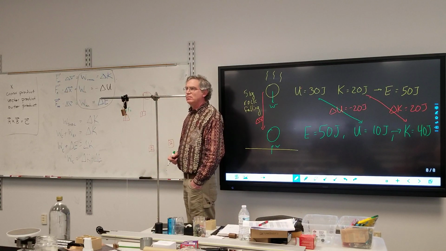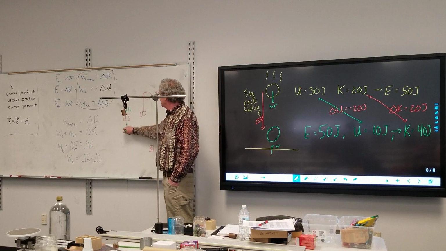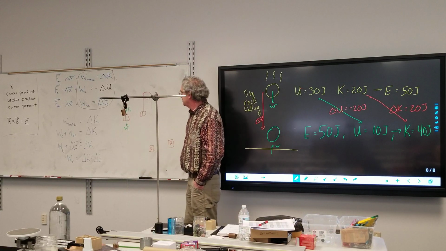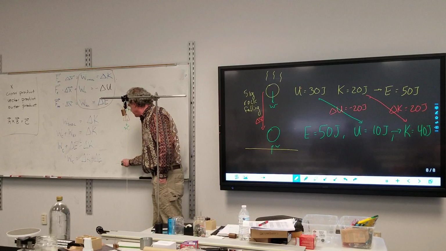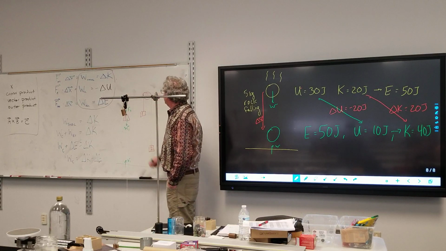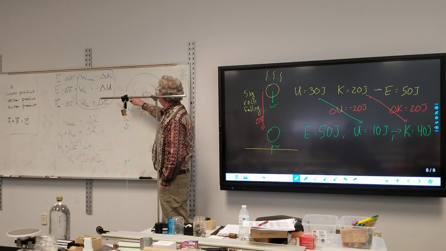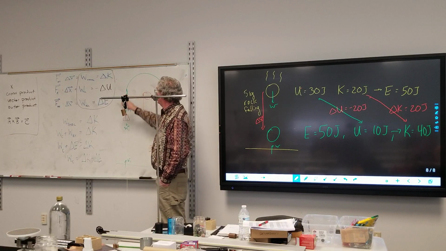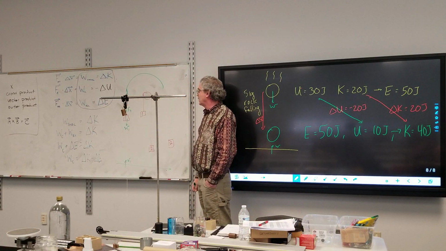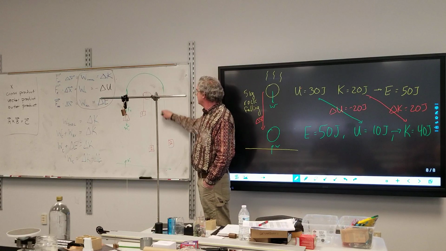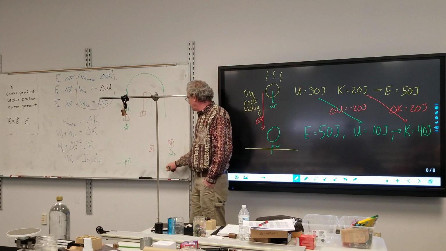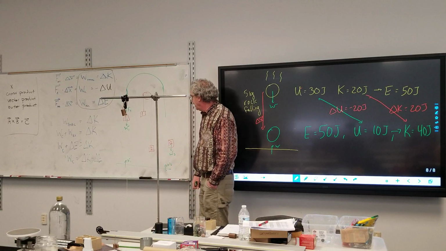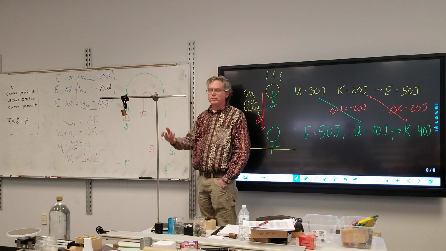Weight is acting down. And if the planet's down here, there's going to be a weight 1 there. And if we did the rope, there'd be a tension acting here. Weight is acting down on mass 2. Weight 2. And I'm putting these in and the rope in just for completeness.